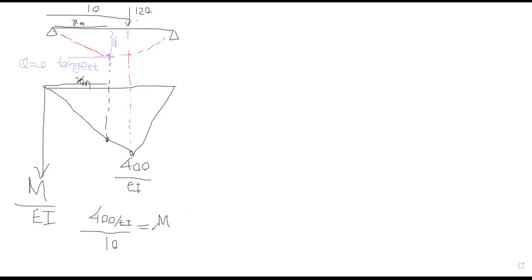So that is M. I'll call this M. Okay, now I'll call this Y. Okay, Y over how much? It's XM. So I got Y as 14 over EI.